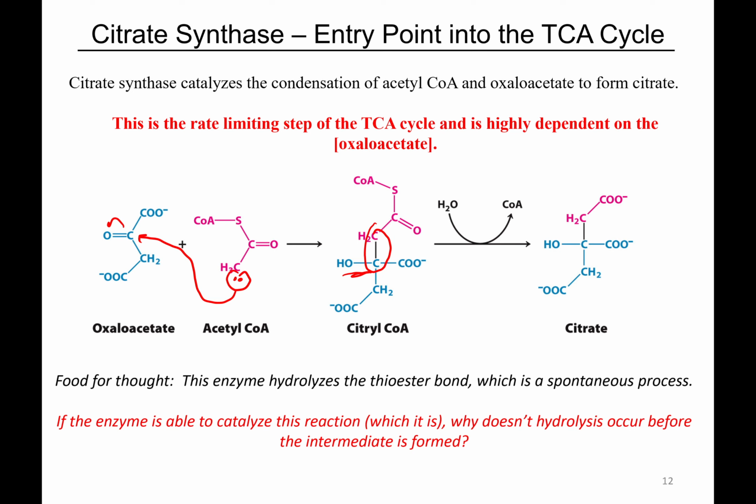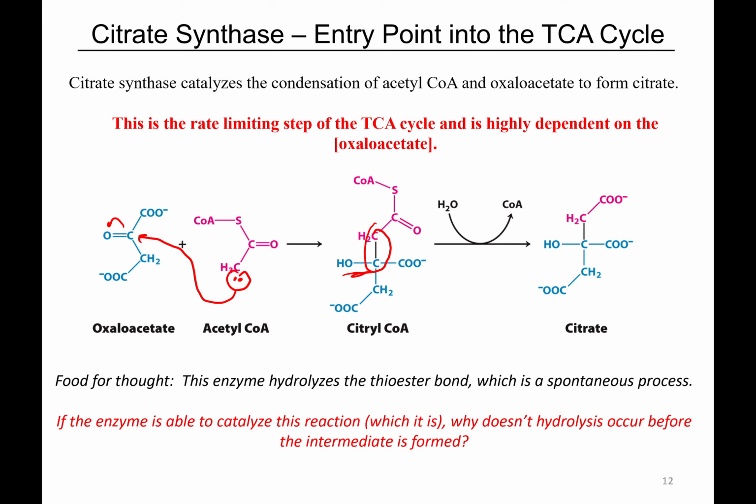This is the same type of question, the same type of thought process you should be thinking about how kinases prevent hydrolysis of ATP. How do kinases prevent hydrolysis of ATP so that they can facilitate the phosphate transfer instead of hydrolysis? So that's how it stabilizes the transition state.